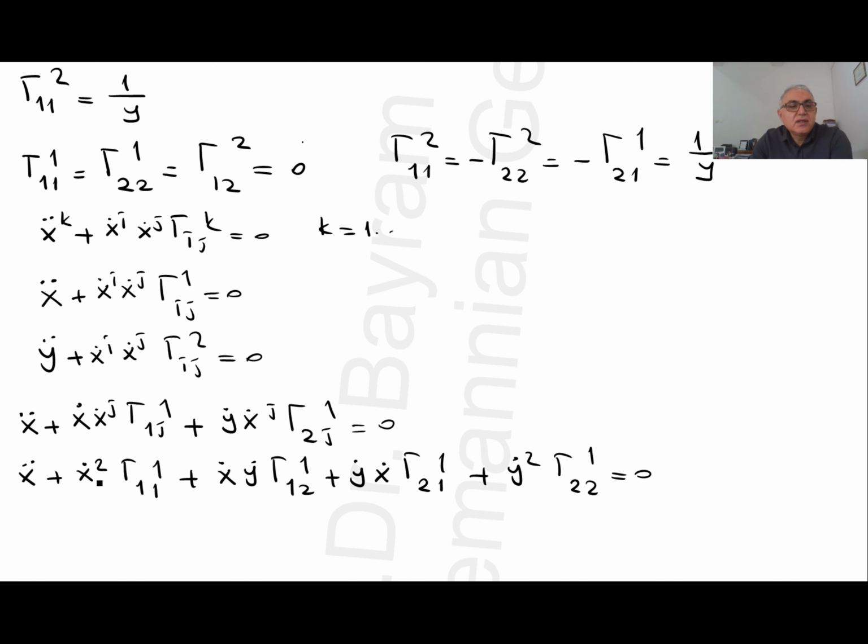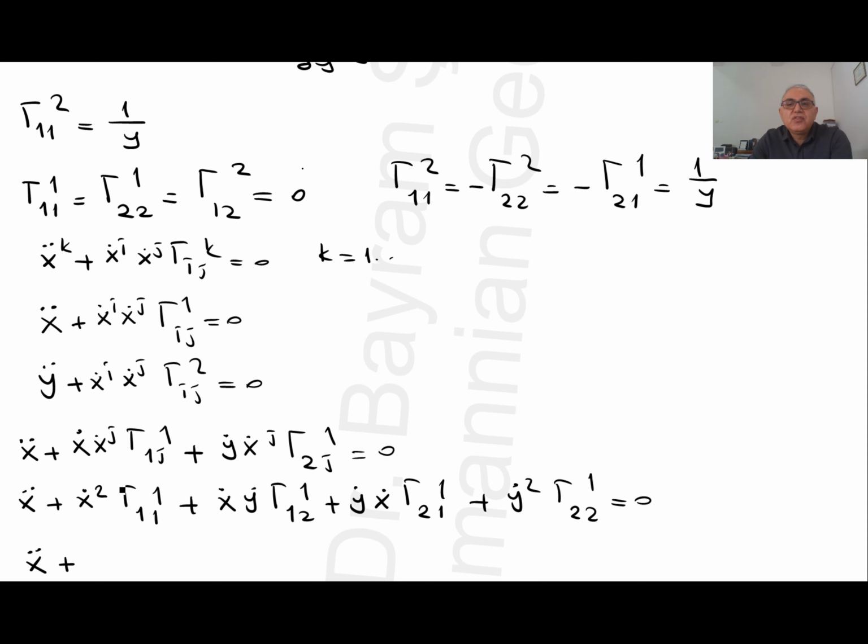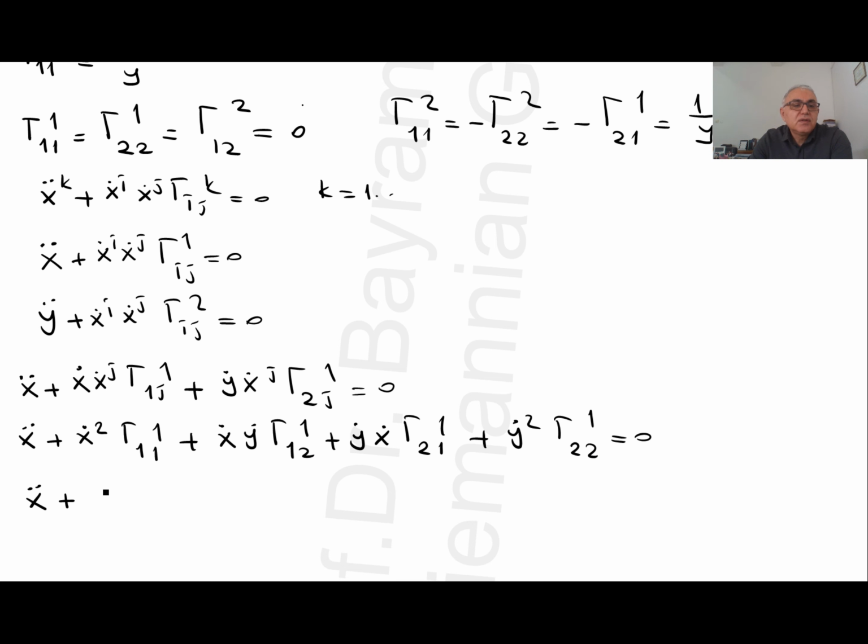You see Γ^1_11 is 0, plus Γ^1_12 and Γ^1_21 are the same, so negative 1 over y times x'y' plus y'x', and Γ^1_22 is 0, so we have only this one.